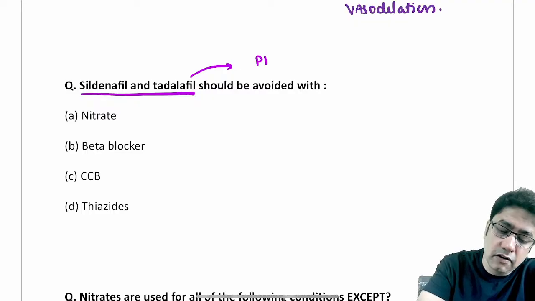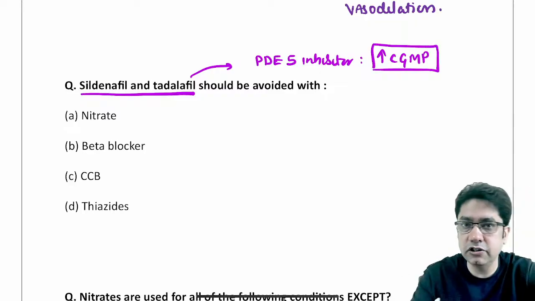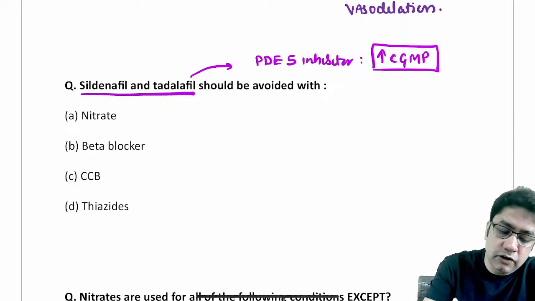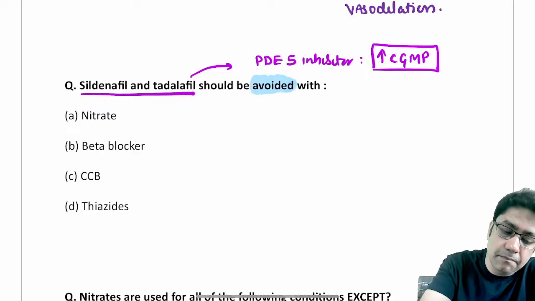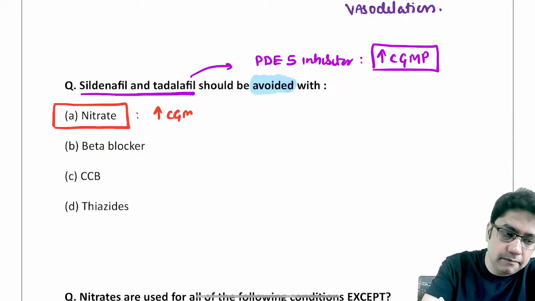These drugs are phosphodiesterase 5 inhibitors. They will also increase cyclic GMP level by inhibiting degradation of cyclic GMP, and these drugs should never be combined with nitrates because nitrates also increase cyclic GMP level.